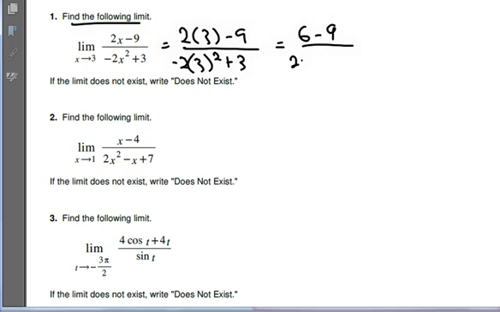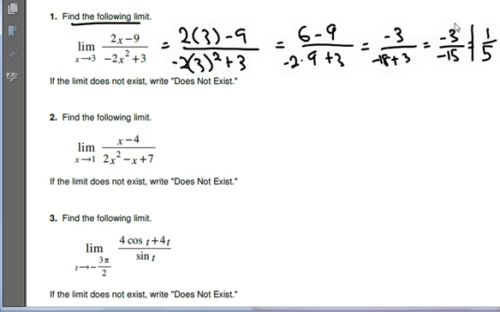Maybe we'll come up with a win here. So we have negative 3 in the numerator, and then 2 times 9, so that's negative 18 plus 3, so that's going to be negative 15 in the denominator, so negative 3 over negative 15, so 1/5. So hey, that's awesome.